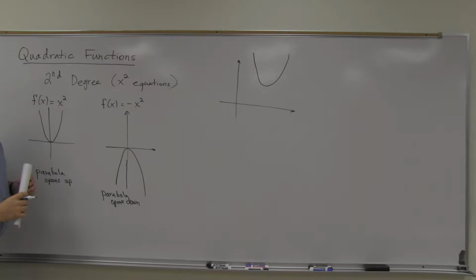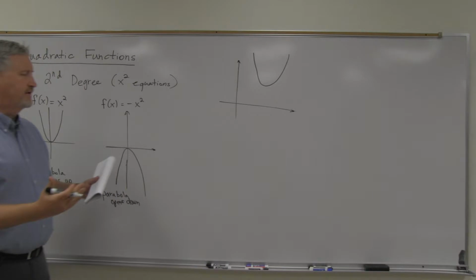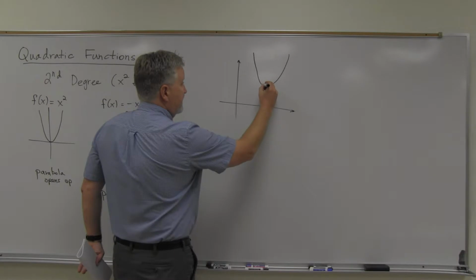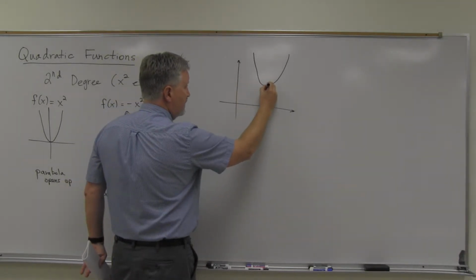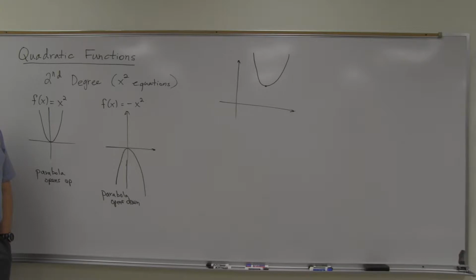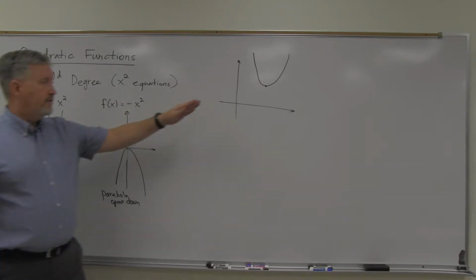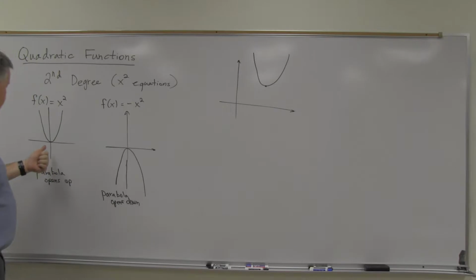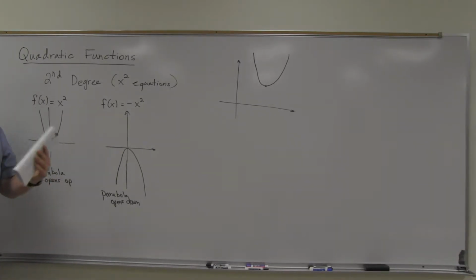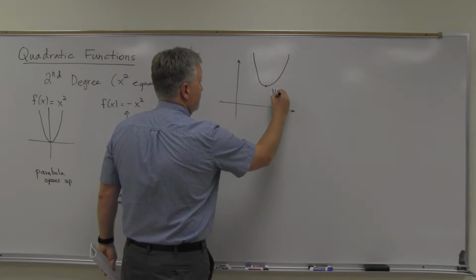This one's opening up, but the same thing would hold for one that opens down. First of all, this one's shifted over a few units up and to the right, but that point there, that low point, and of course over here it'd be 0, 0, that particular point is called the vertex. The low point or the high point is called the vertex of the parabola.